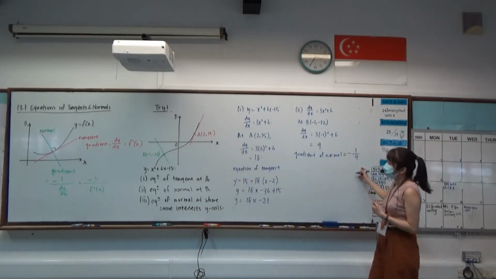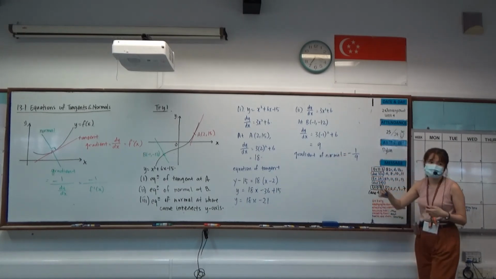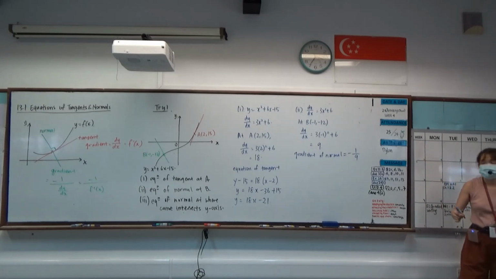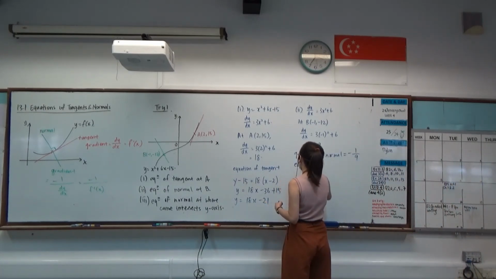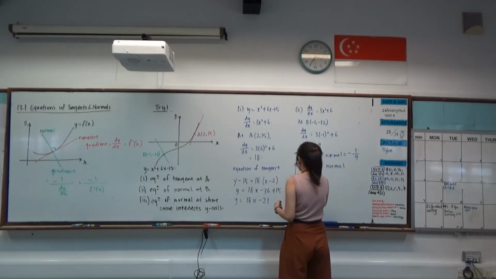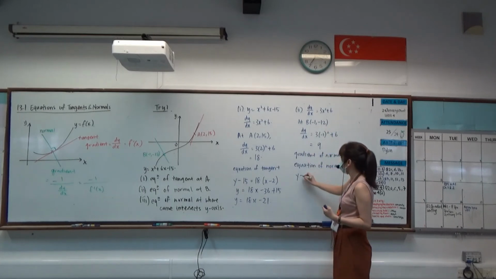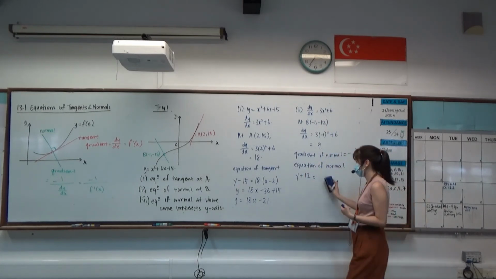So the gradient of the normal is always perpendicular to the tangent, so that's why I must get negative 1 over 9. Okay. So then I can proceed with finding the equation of the normal, which is y minus the point, negative 12. So that's why it becomes plus 12.